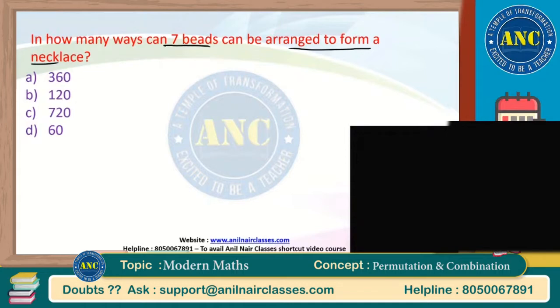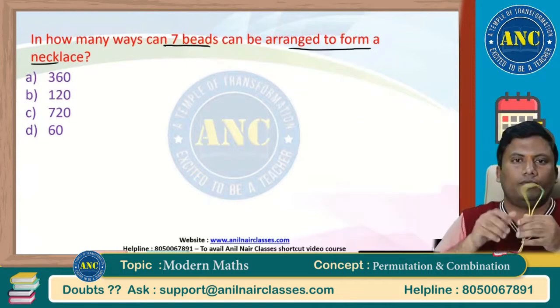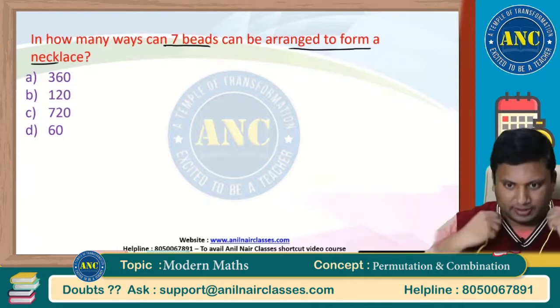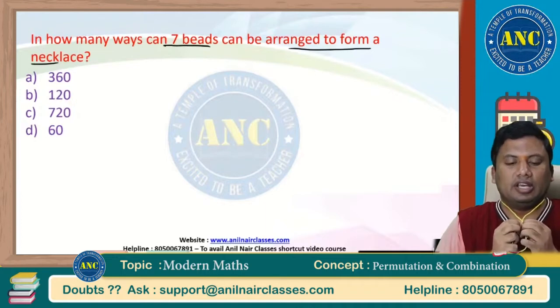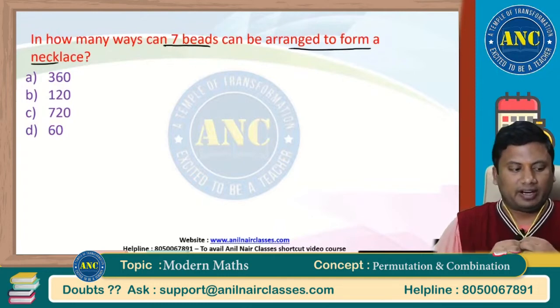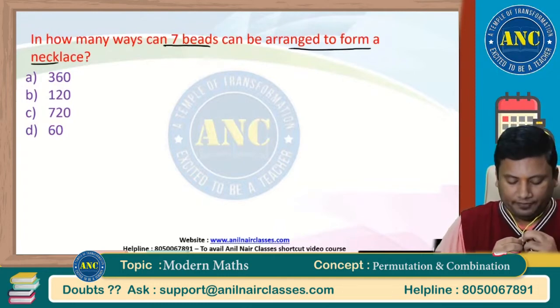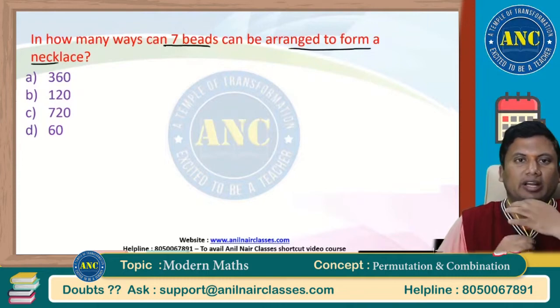Now, see here. For example, this is a necklace. Visualize it. This is in the form of a circle, so it is 7 minus 1 factorial. Assume that this is a necklace.